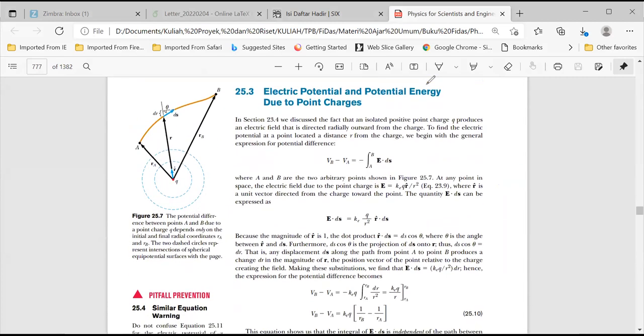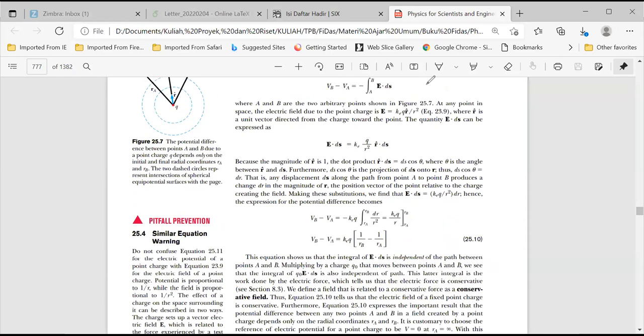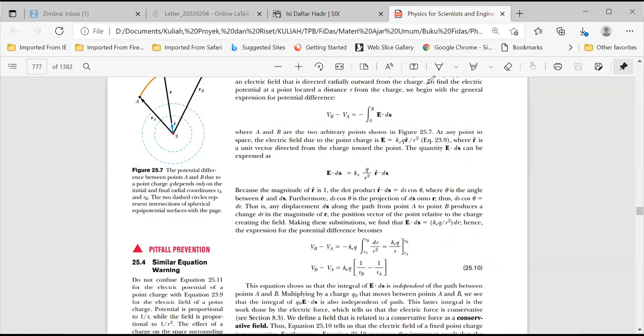Okay, what about the point charge particle? We discussed last week that the electric field of a point particle is like this, k q over r squared.